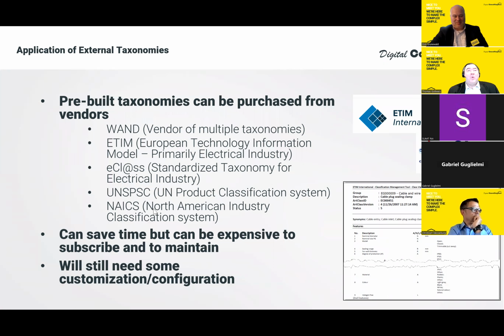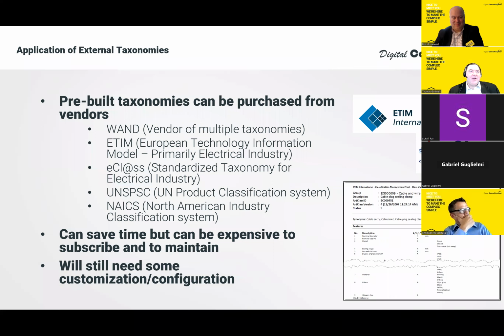Okay, so a word about how you get a taxonomy. There's really two different ways, either build it or buy it. There are a number of different ways that you can go and acquire a taxonomy. There are outfits out there like Wand and others as well. Wand was just the first one that came to mind, that actually create enterprise taxonomies for a fee.